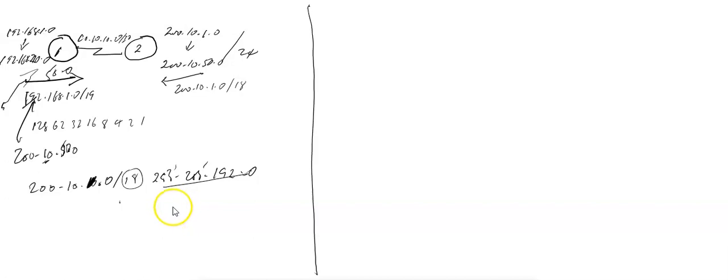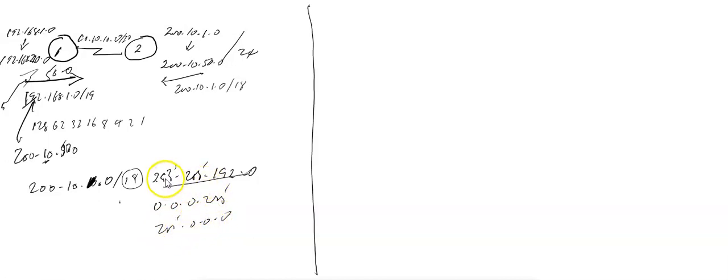The reverse is the case with the wildcard mask: a string of 0s followed by a string of 1s. For instance, 0.0.0.255 is an example of a wildcard mask, of which the subnet mask will be 255.0.0.0. Are we there now?